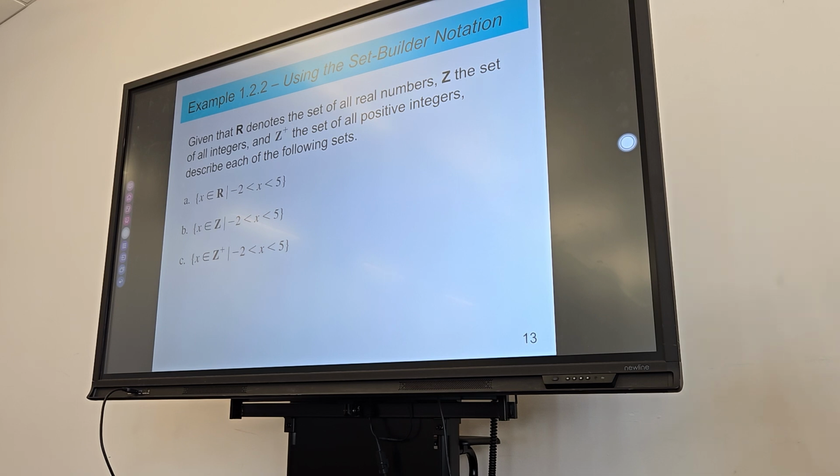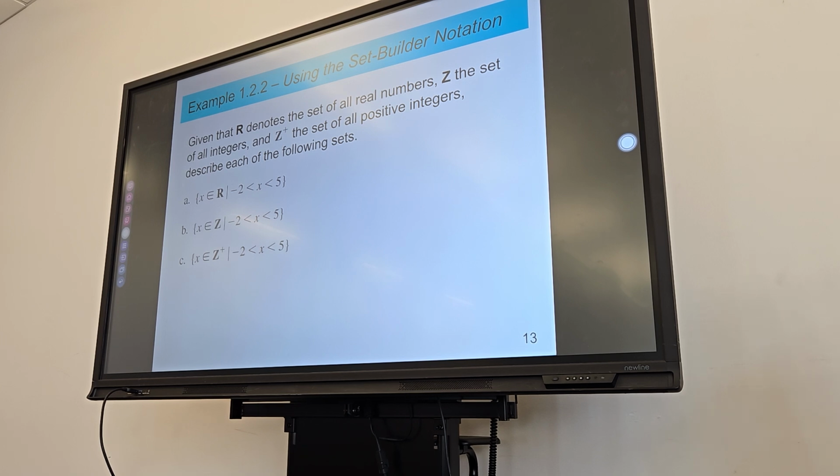So on a number line, you'd have a hole on 5 and a hole on -2, but a line connecting the two. B, with X being an element of Z, all integers, it would be the integers between -2 and 5, but not including -2 and 5. So it would be the set of -1, 0, 1, 2, 3, and 4.